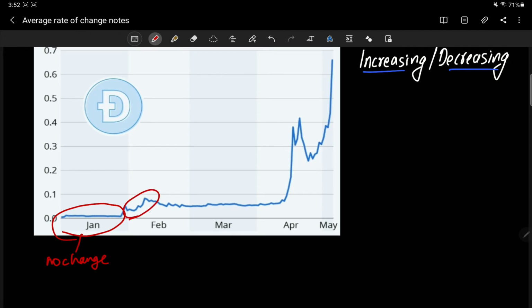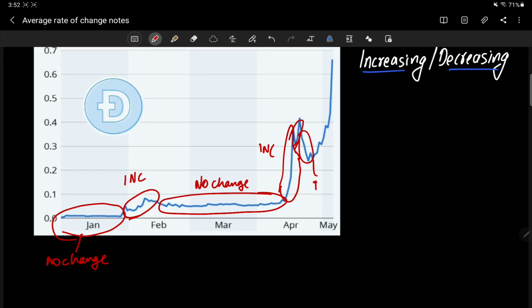Then between January and, say, mid February, it increases. The period of March to early April is again a period of no change, and then there's a sharp increase. Then we have a period of decrease, and then a period of increase again.